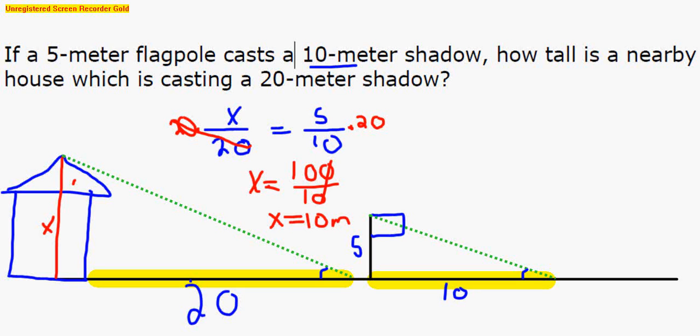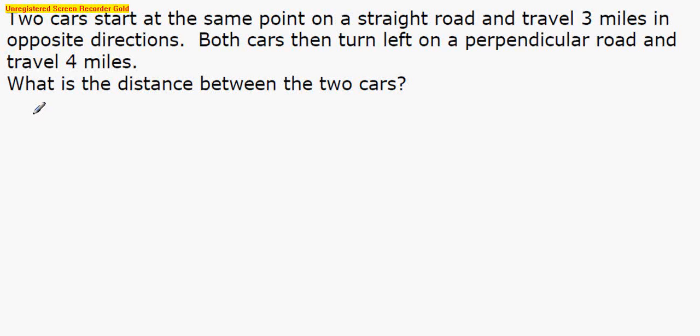Another one that might be a little more challenging is this one right here. It's got a little bit more words to it, but it says two cars start out at the same point on a straight road and travel 3 miles in opposite directions. So let's see if we can draw that. This one goes 3 miles this way, and then this car goes 3 miles this way, so they're going in opposite directions.